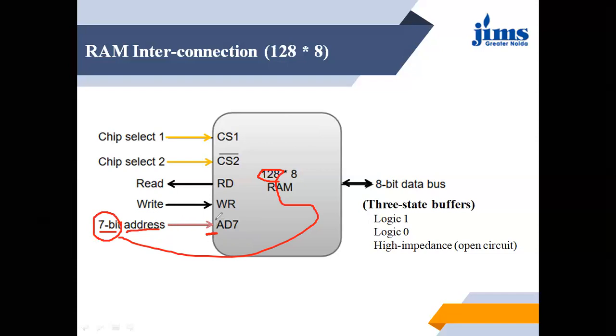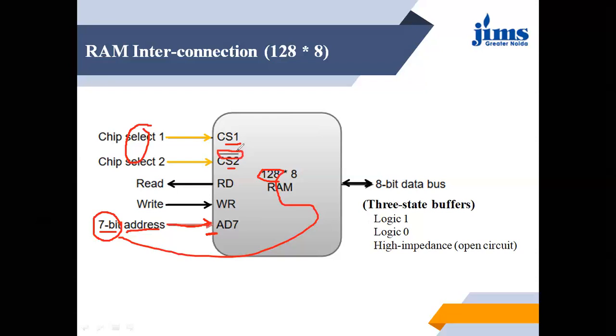So this is unidirectional only. Now these two chip selects, that is CS1 and CS2 bar. Keep in mind this is CS2 bar. We will discuss bar in a moment.